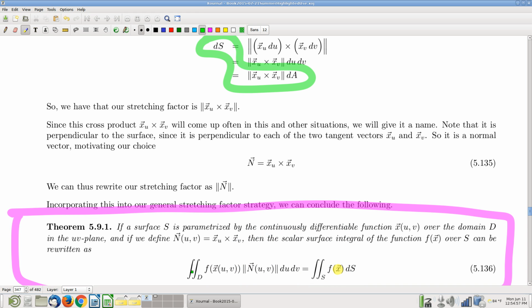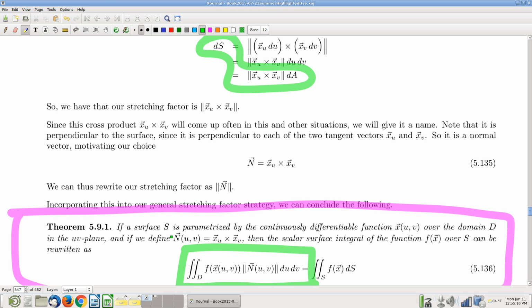And off you go, plug and chug. Here's our mysterious two-index surface integral that we just got through defining. And here is a plain old garden variety double integral in terms of u and v.